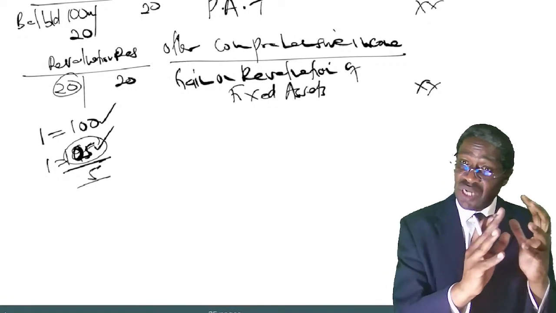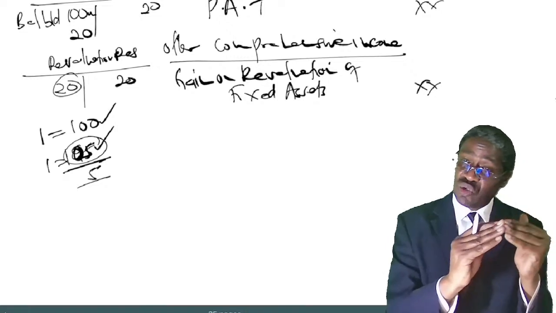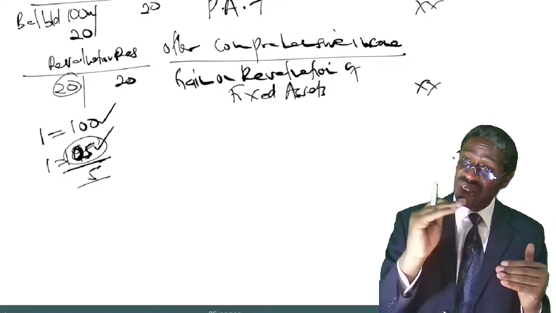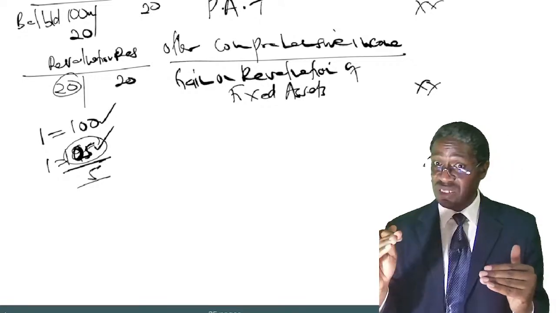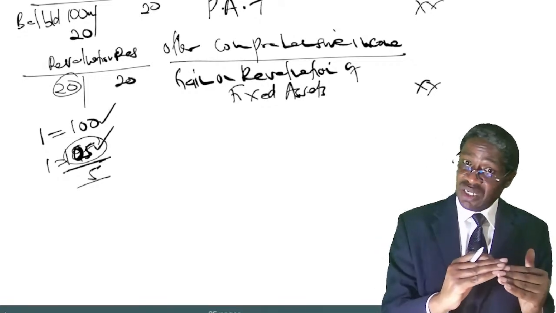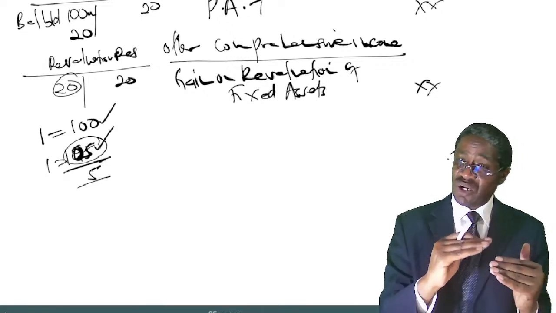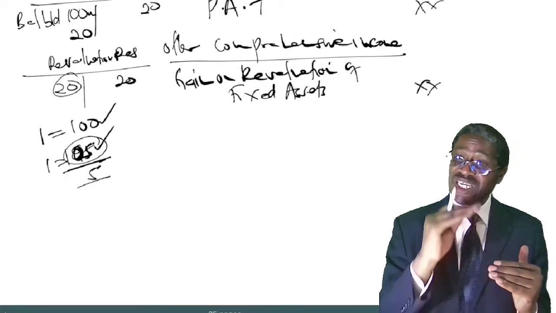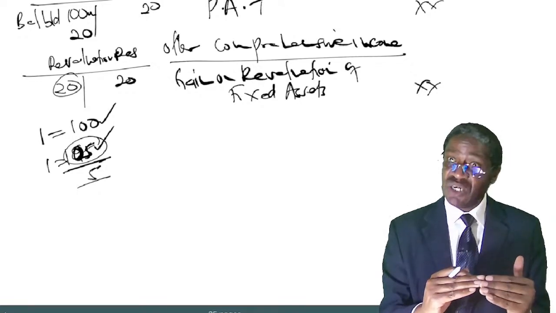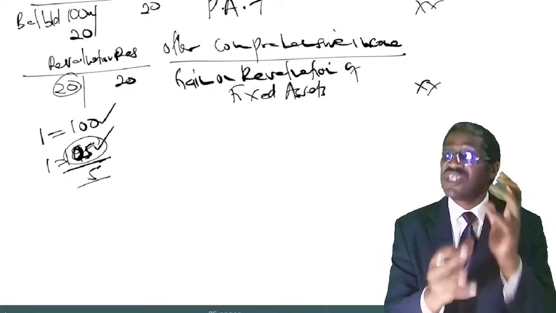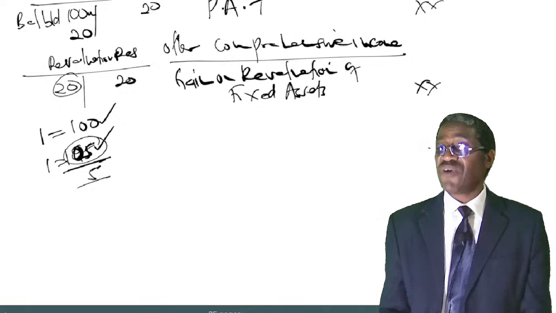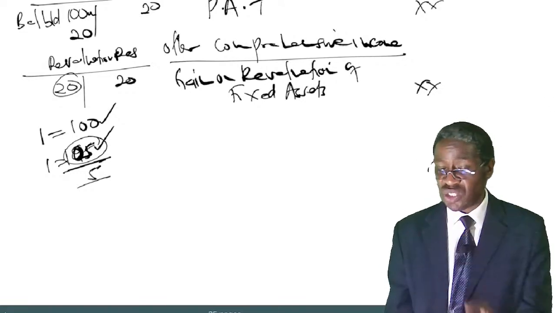Whether it was 100 and you are supposed to pay 95, there is an exchange difference of 5, which is a gain. In this other case, you're supposed to pay 100, but now you are required to pay 105, so there is an exchange difference of 5, which is a loss. So whatever the difference in the exchange rate, we normally refer to it as the exchange difference.